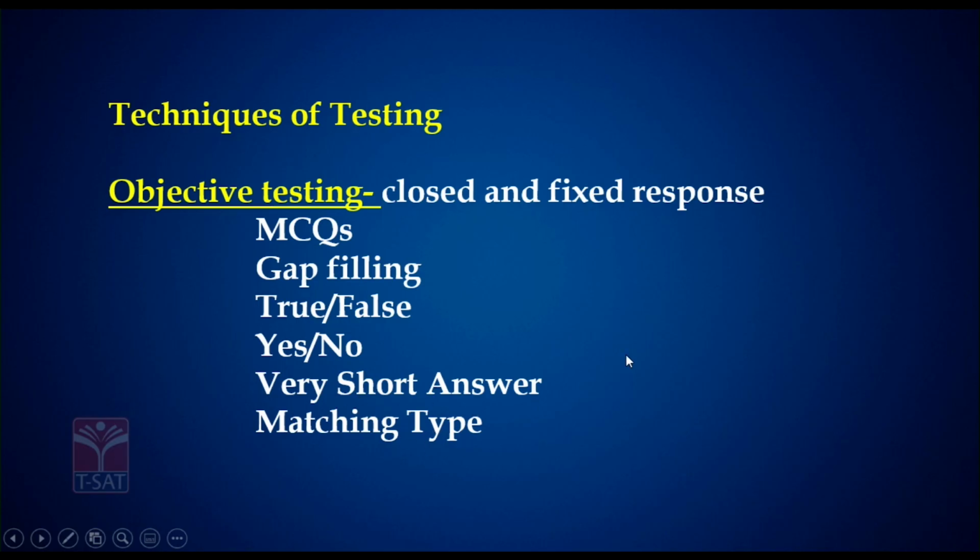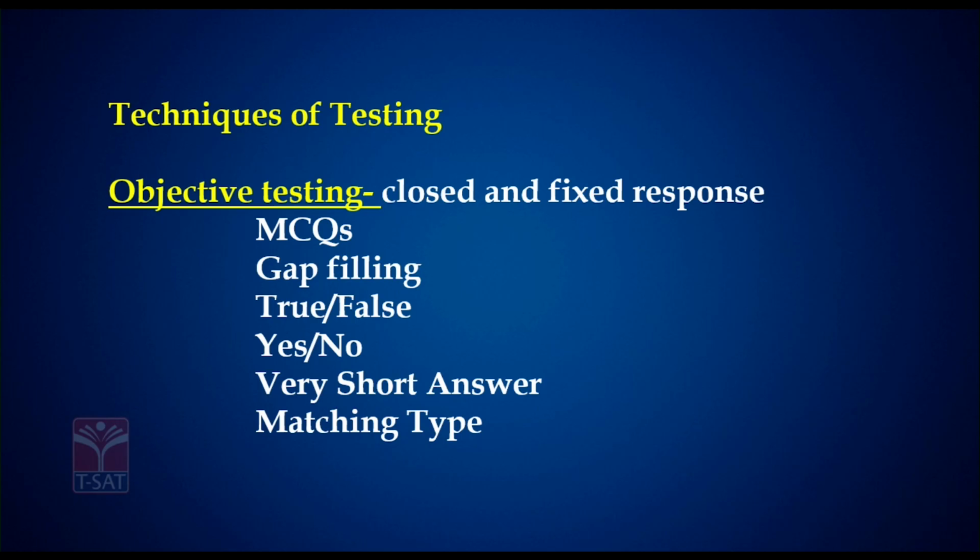If we look into objective test items, the response is very fixed. If you take an MCQ type test item, the answer may be either A or B or C or D. You cannot have both answers, A or B or C or D or even A, B, C. It is impossible. And even in gap filling or fill in the blanks, in many cases you expect one and only one correct answer.